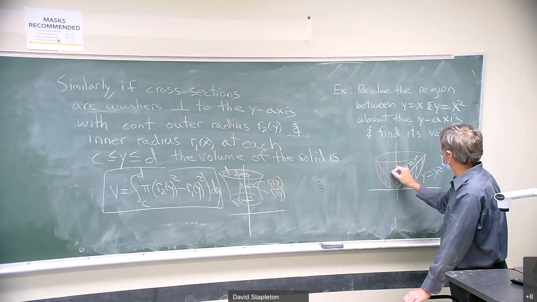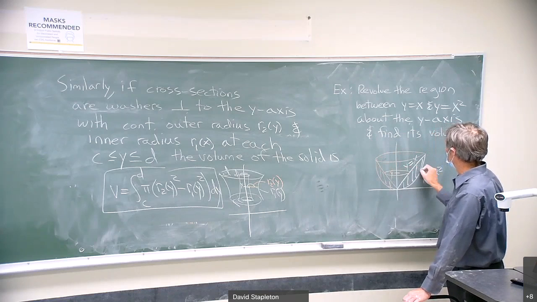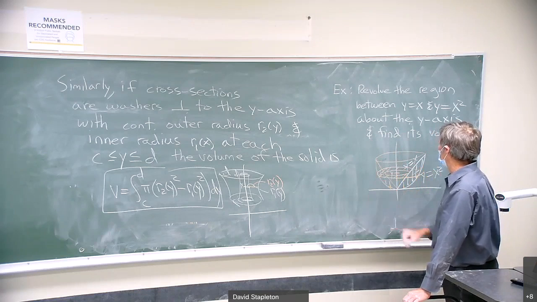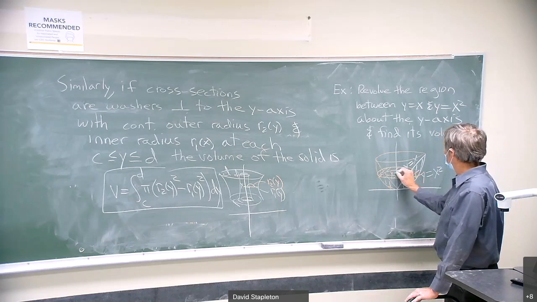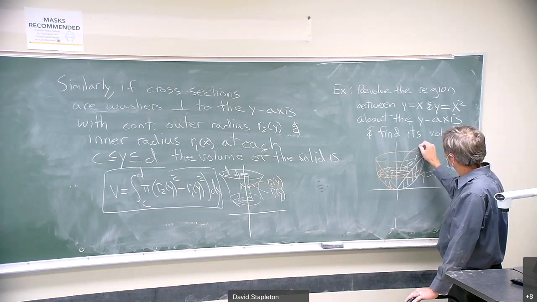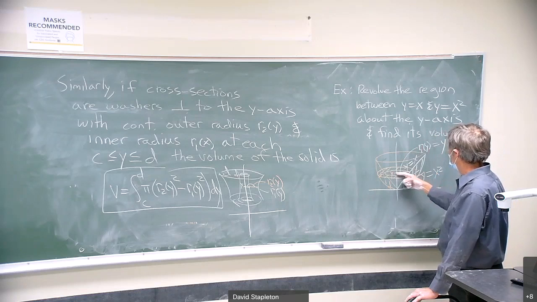And the idea is that at each y, this solid has a disc, a washer, for a cross section. There's the typical cross section at y. So at each y, what's the inner radius? The function y equals x, so R1 of y, the inner radius, is y, right? It goes out to x, but x is y.